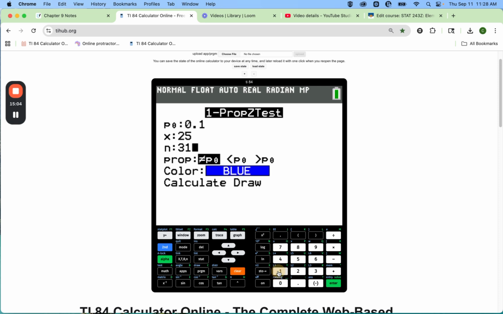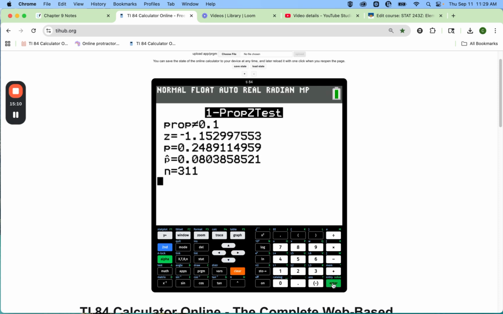And I used does not equals, calculate away, and you're going to see your test statistic. It's Z, right? Because the one prop Z test is a Z test. So therefore the test stat is a Z value.